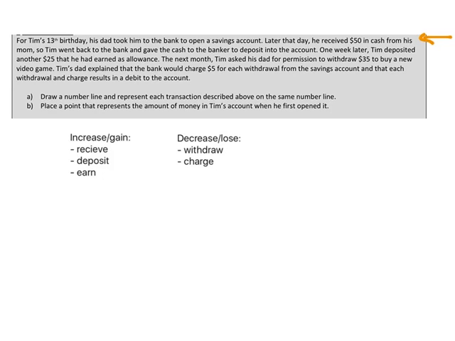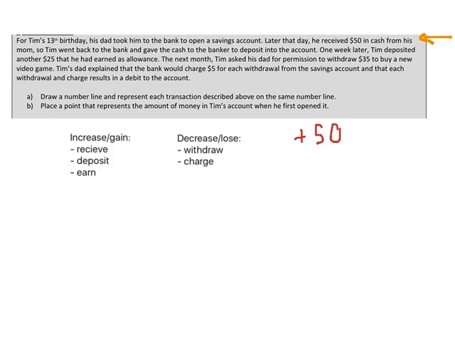So that's telling me that Tim is increasing his amount of money by 50. So I'm going to end up plotting positive 50. And I'm going to write that down right here. So I remember that I need to plot positive 50. Go ahead and write that down in your journal.